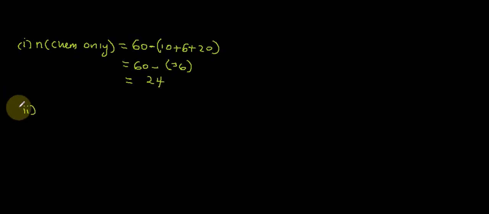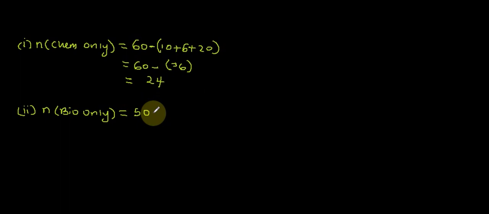Question II says we should find the number of students offering biology only. And we know that the total number of students offering biology is 50.